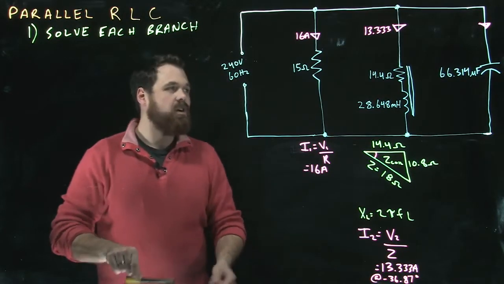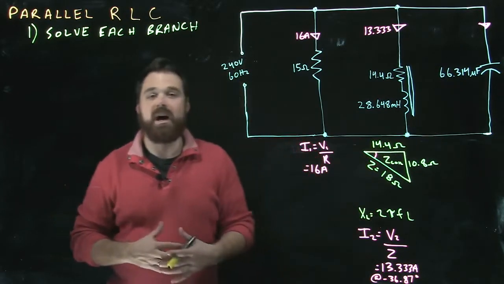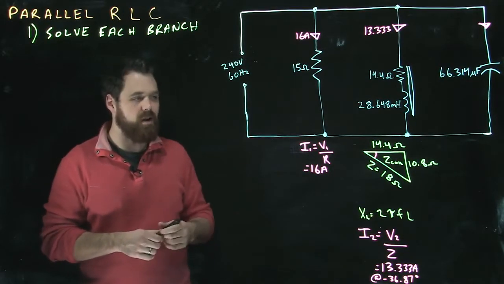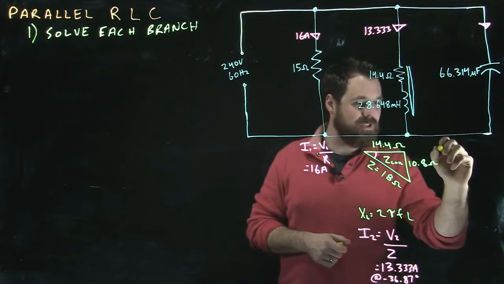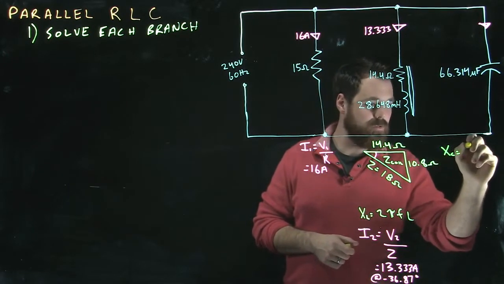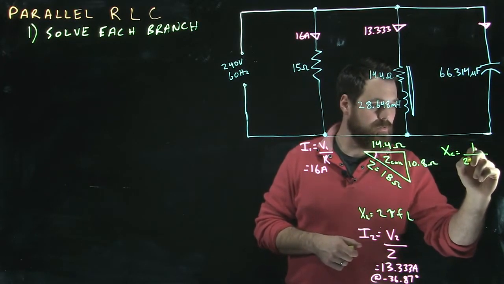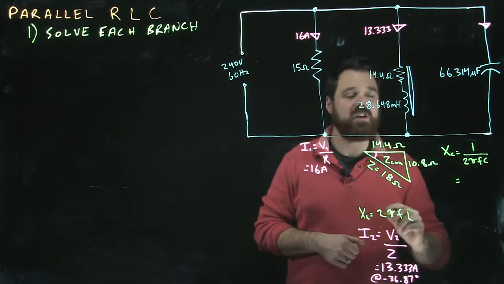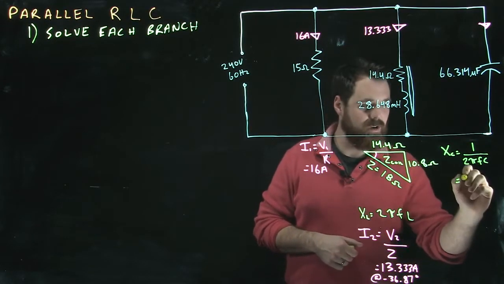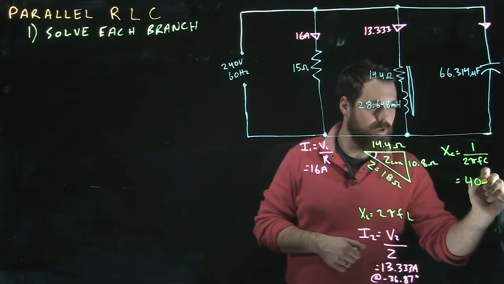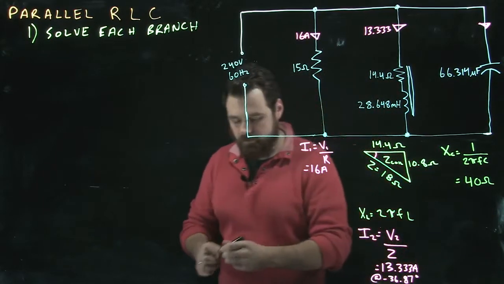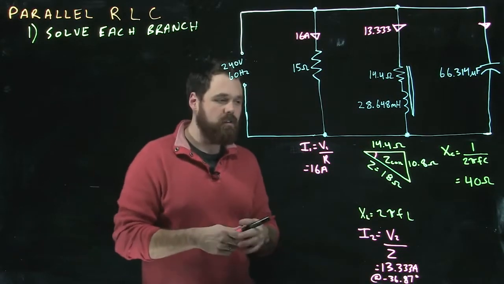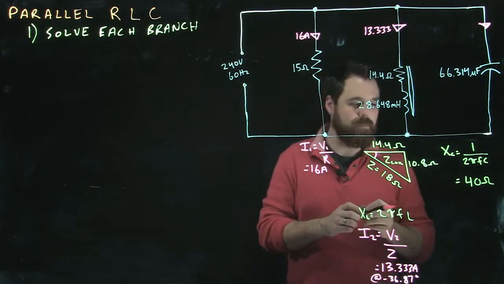The last branch is our capacitor. We have a microfarad rating, 66.314 microfarads. So we can go XC equals 1 over 2 pi FC. In this case, we get a capacitive reactance of 40 ohms. Once we have that capacitive reactance, we can figure out the current flowing through that branch.